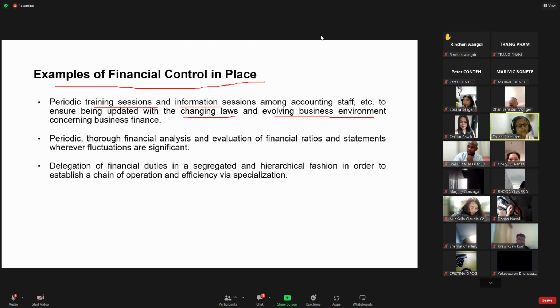Okay. In my point of view, giving training to the financial team is very important, ma'am. Because in order to control and in order to have an ethical system, otherwise they might manipulate something like data from the organization.